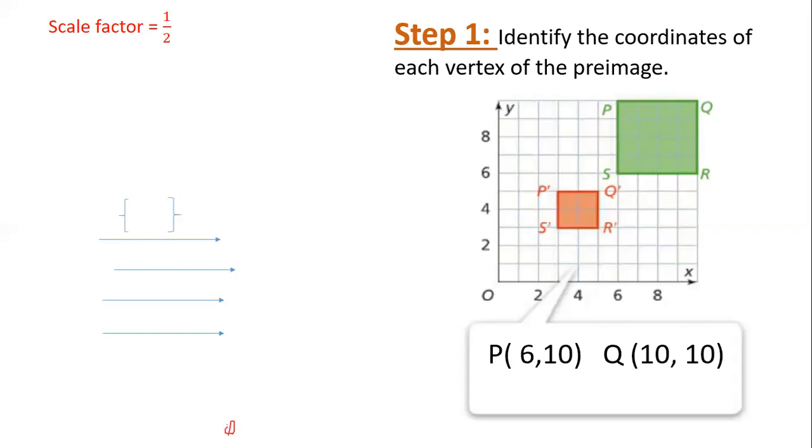Q is 10, 10, and P is 6, 10. Clear? The y coordinate here is 10, not 9, because 8, 9, 10. Okay? Now, what about the coordinates of R and S? Who wants to find them? Yes, Mariam.